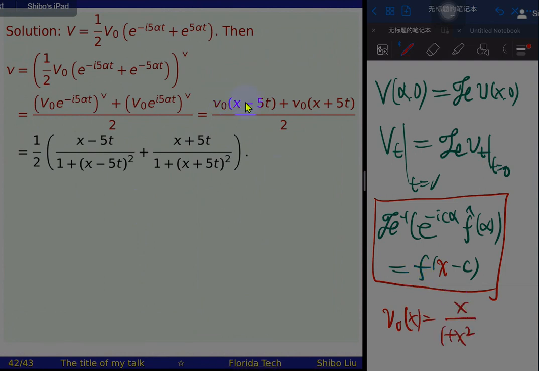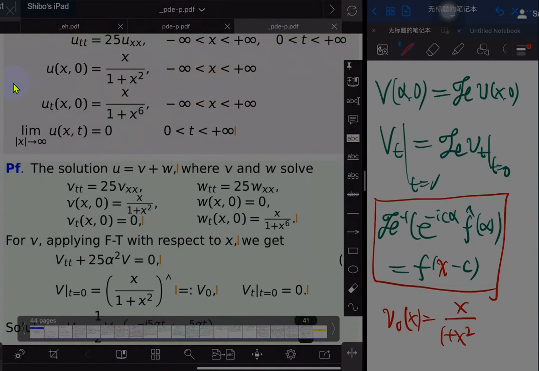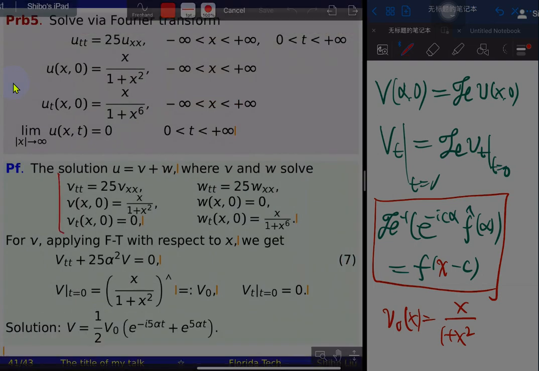Replacing the x here by x minus 5t and x plus 5t gives us this v. This v is the solution of our PDE for small v.